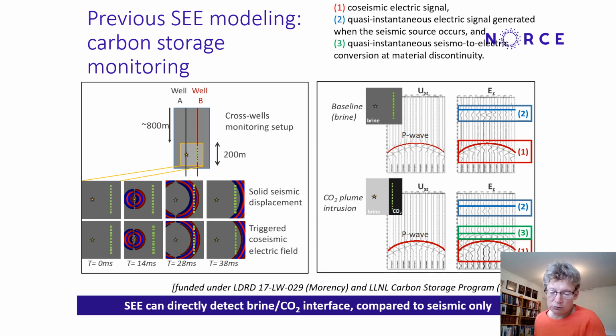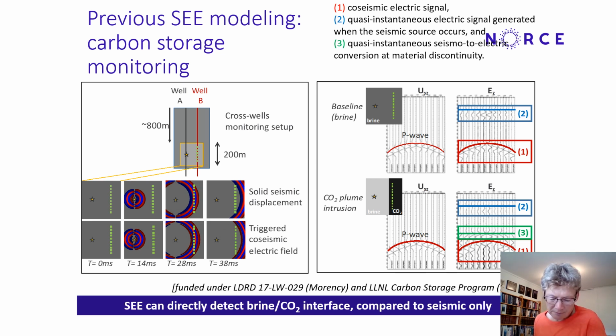The triggered co-seismic electric field is due to local fluid flow generated by the seismic wave. In the figure to the right, vertical seismic displacement and co-seismic electrical signal in the baseline case with brine in both wells are shown in the top figure.